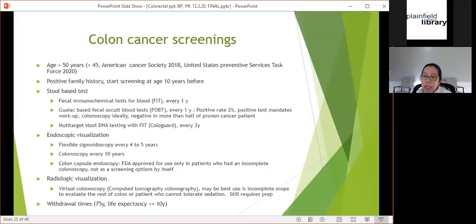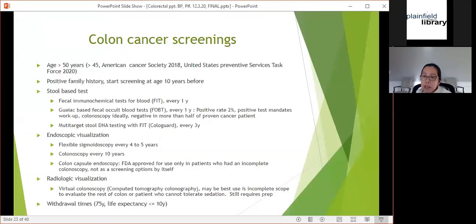The positive rate is about 2%, and the sensitivity is about 60% if you test 3 times. A positive test mandates workup, ideally colonoscopy. The new stool-based test called Cologuard includes multi-targeted stool DNA testing for KRAS mutation and a fecal immunochemical test for blood.